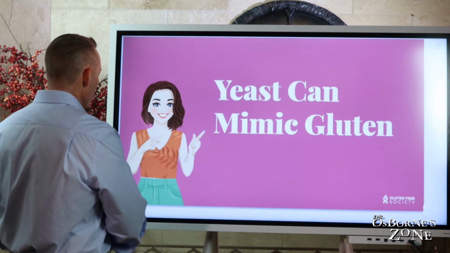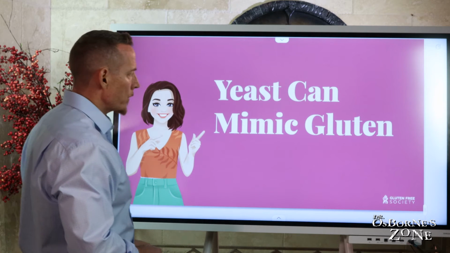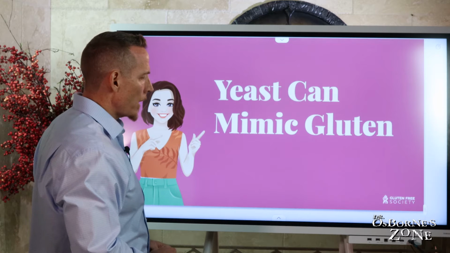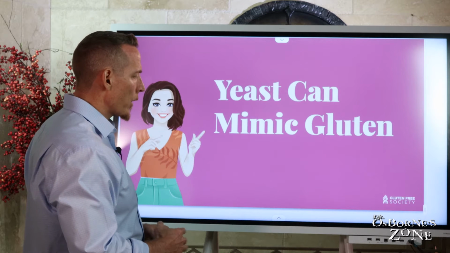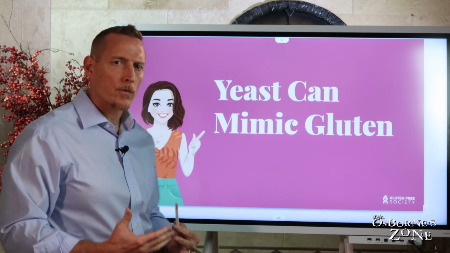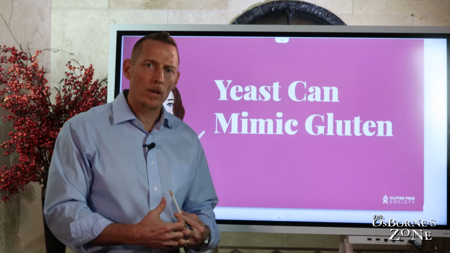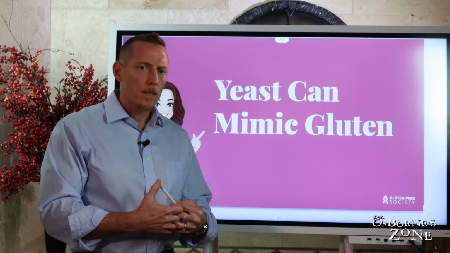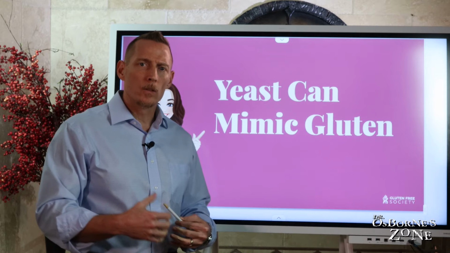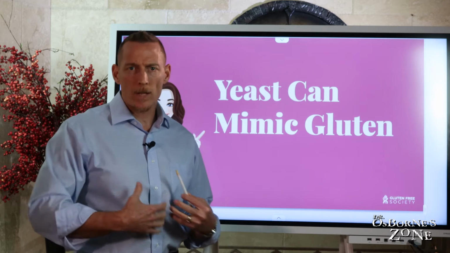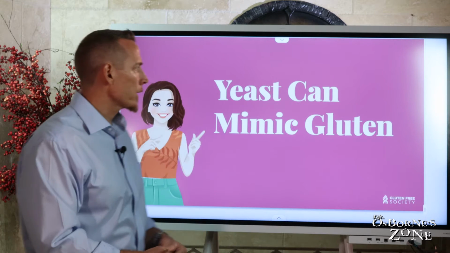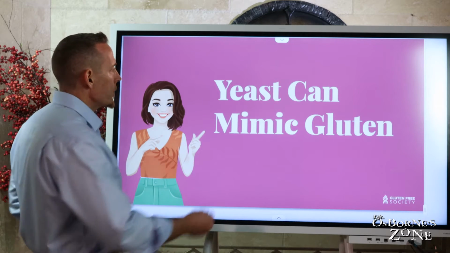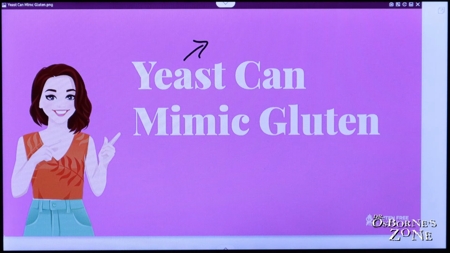Another big one. Those of you that are gluten sensitive, it's very important that you understand that one of the hallmark reasons why a lot of people go on a gluten-free diet and don't get better is they have a gluten mimicry component. They've got yeast overgrowth in their GI tract, right? And yeast produces something called a hyphal wall protein.